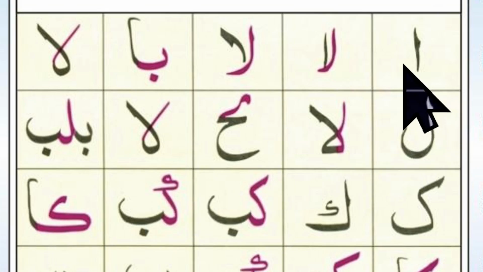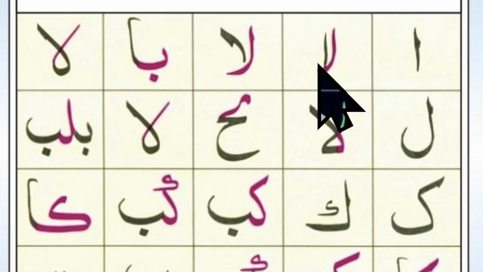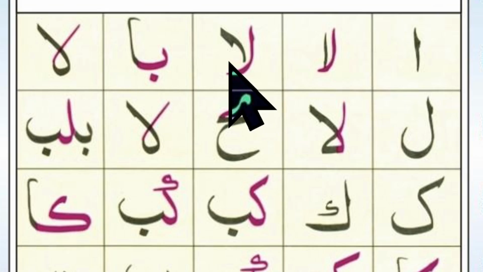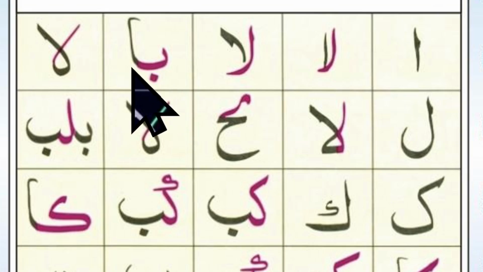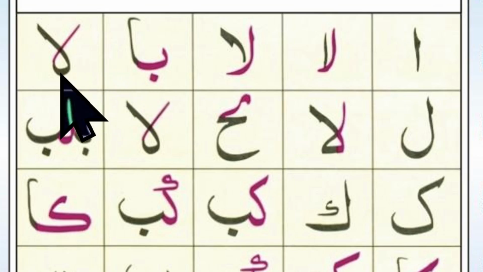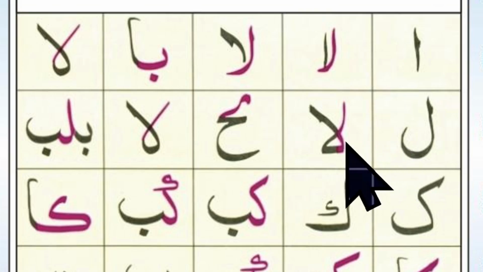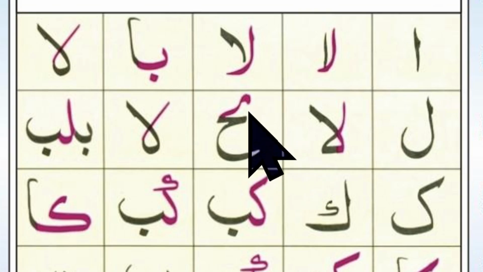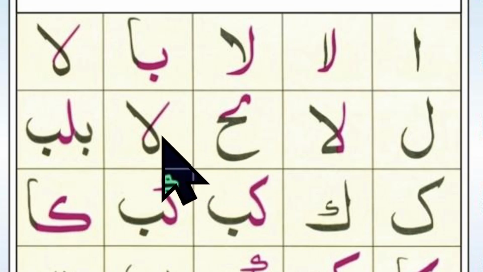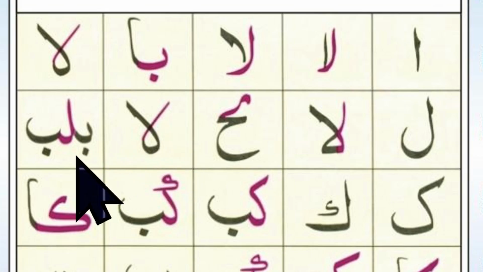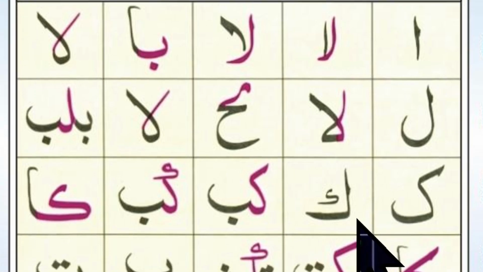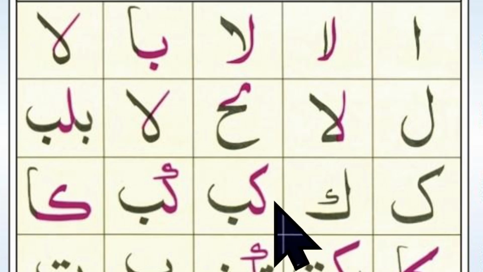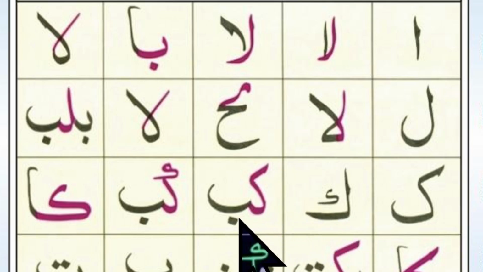This one is alif, then lam, alif, then ba, alif, then lam, alif, then lam, lam, alif, then lam, ha, then lam, alif, then ba, lam, ba, then kaf, then kaf, ba.